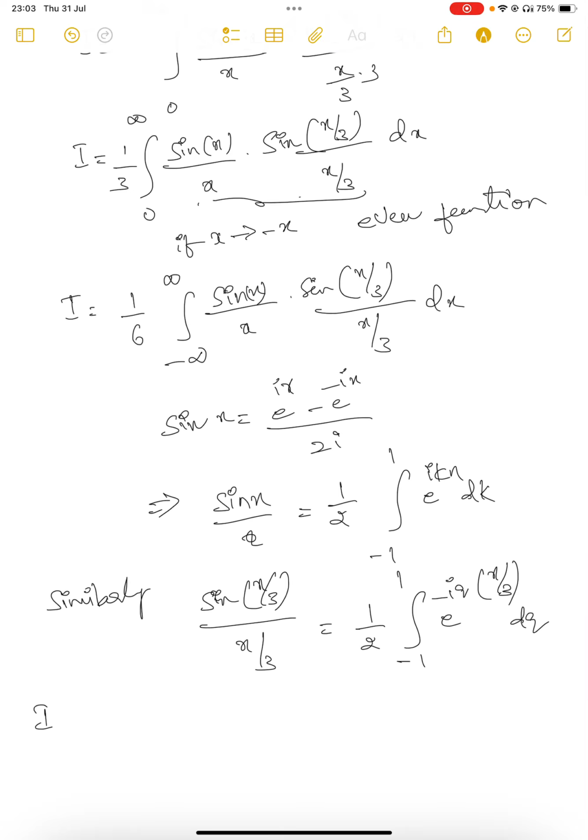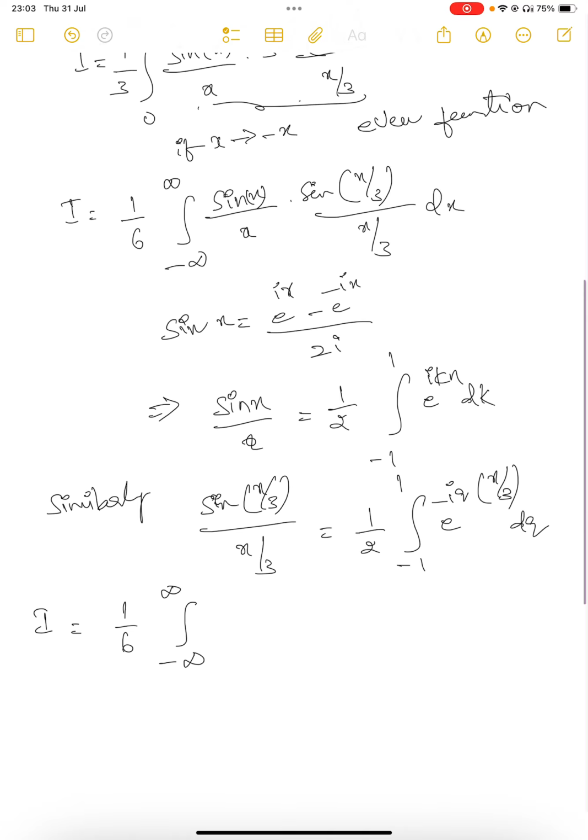Substitute these two in I, which is I equal to 1 by 6 into integral minus infinity to infinity, integral minus 1 to 1, integral minus 1 to 1. If you take i cos common, then it will be e power i of k minus q by 3 into x. Then this will be dx, dk, dq.